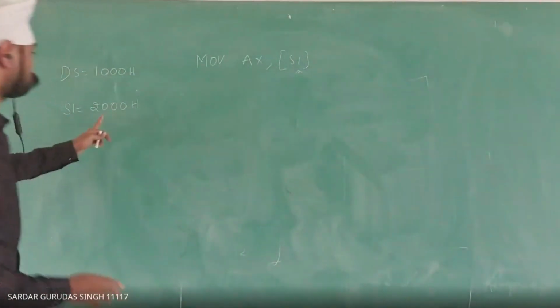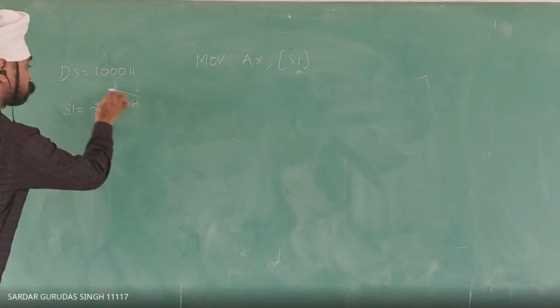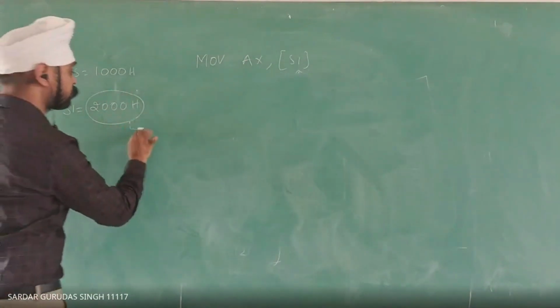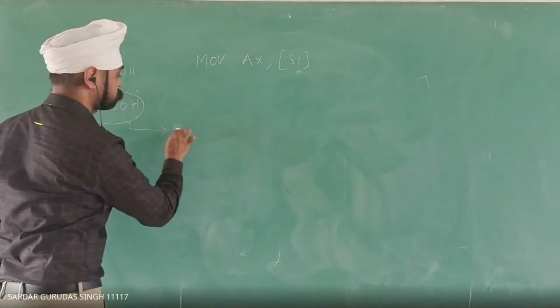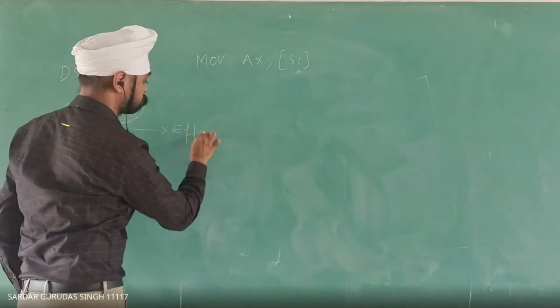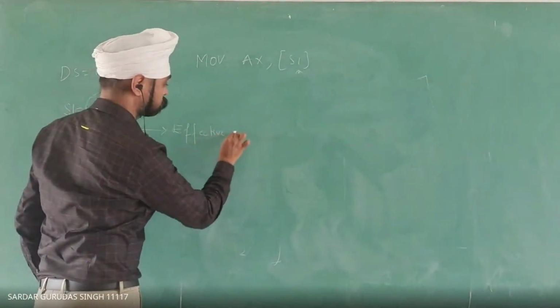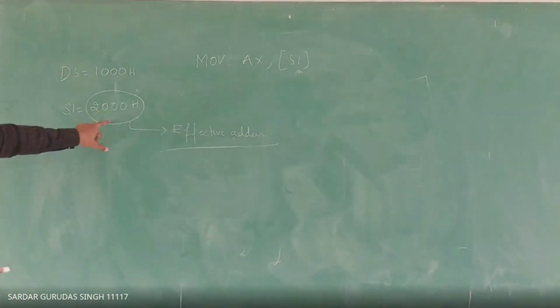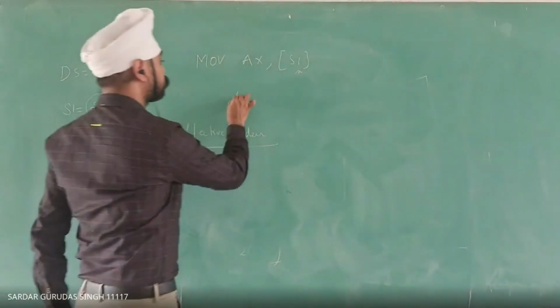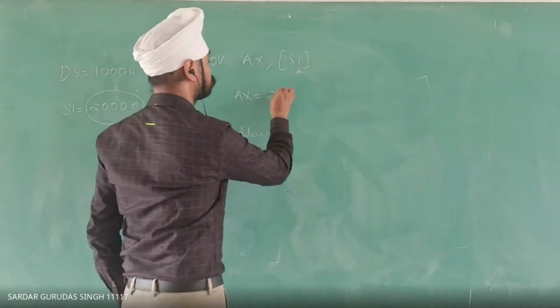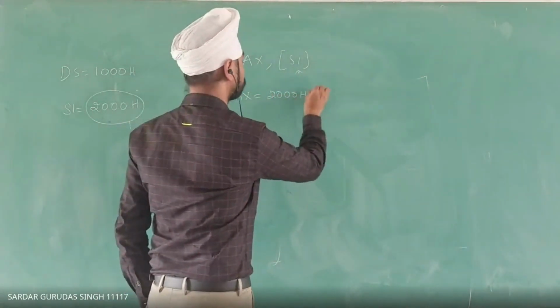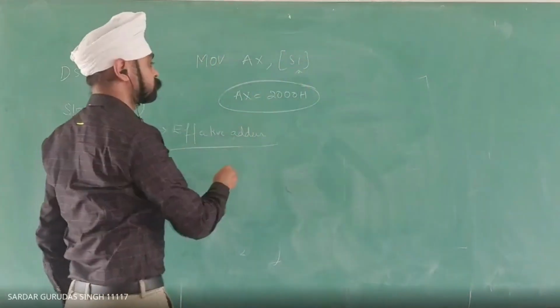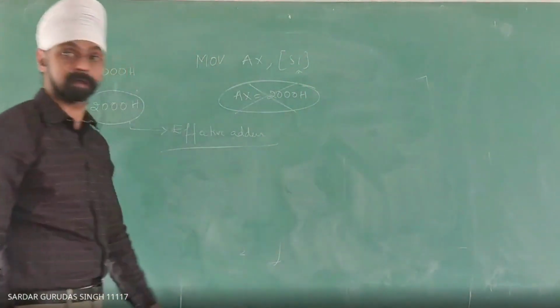So this 2000 is considered as effective address, not as operand. So if I write 2000H in the AX after executing this instruction, it will be wrong.